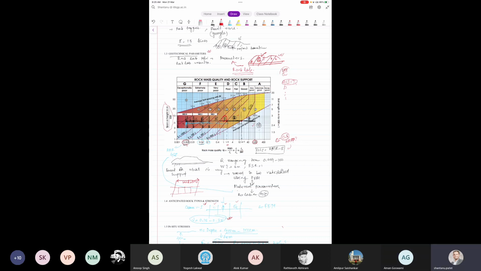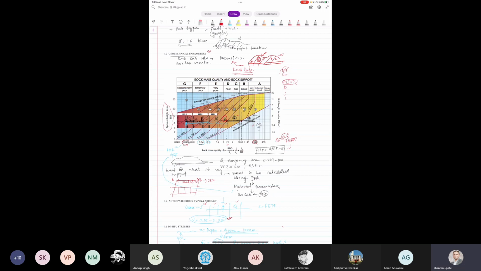So what you need to do, let's say that gneiss kind of rock is from here to here, point A to point B, and this is, let's say, 2 kilometers long.